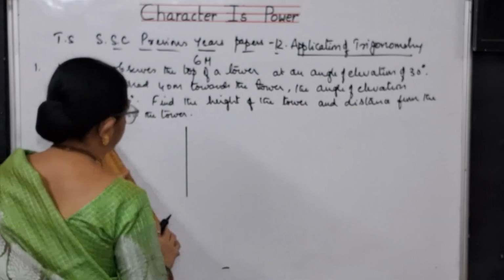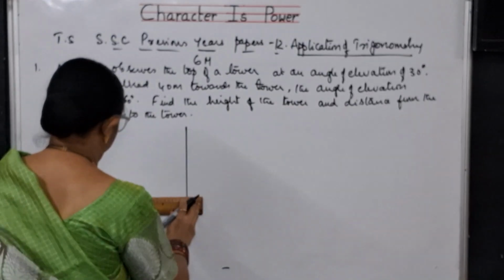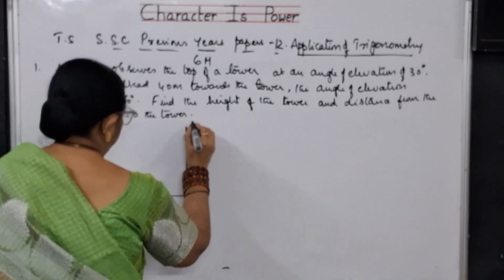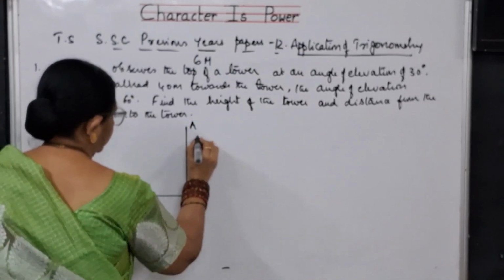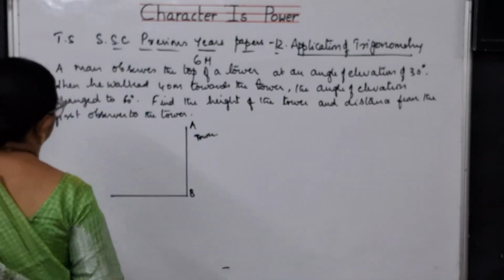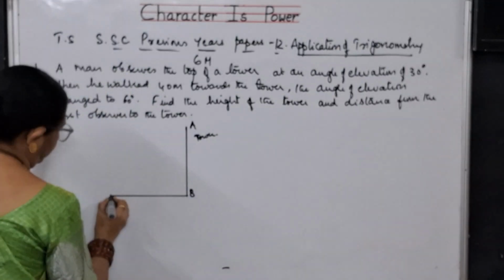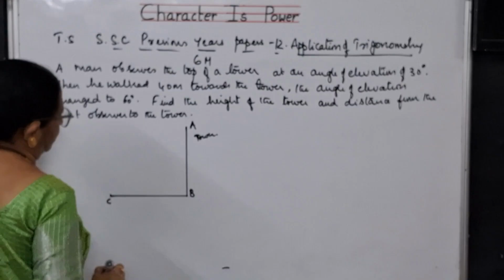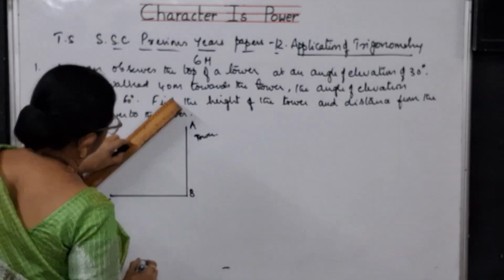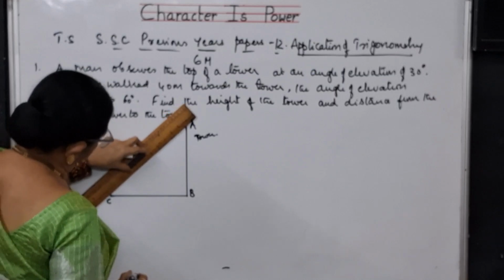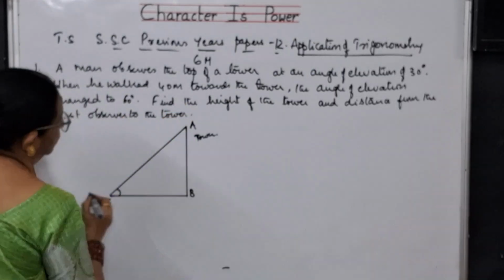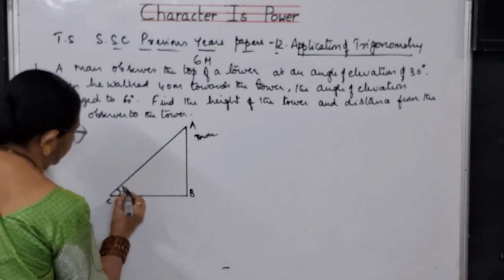So this is the tower AB. Consider it as a tower, and a person here is observing the top of the tower, and he found that it is 30 degrees.